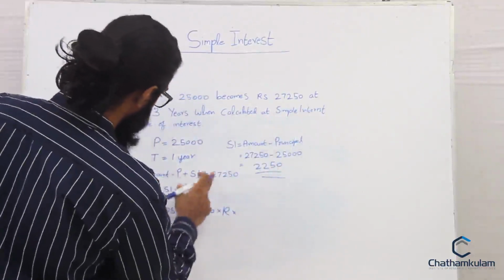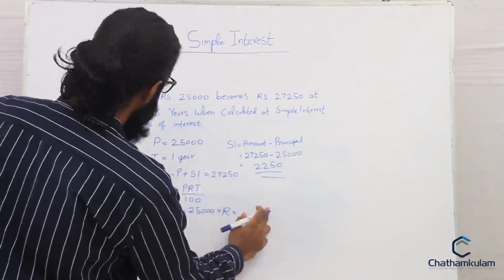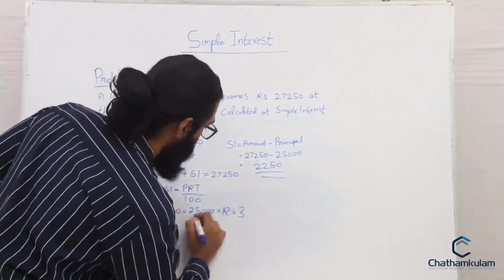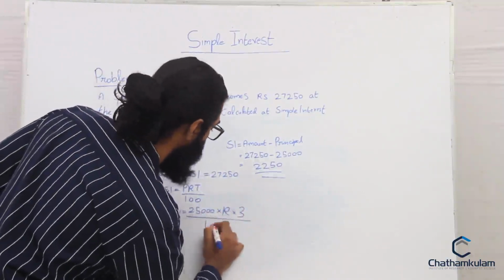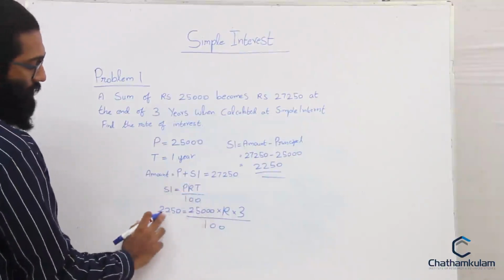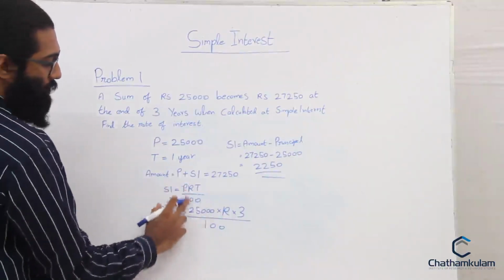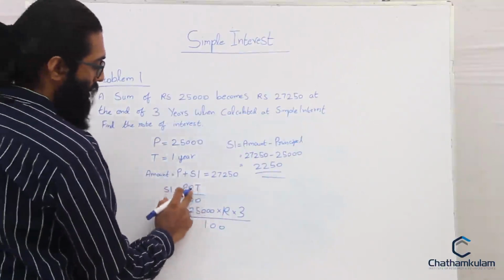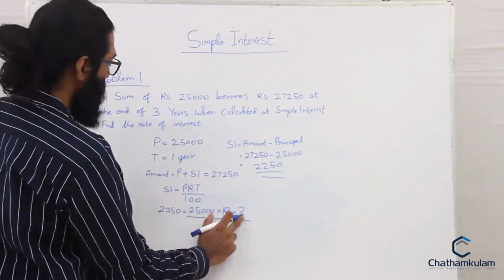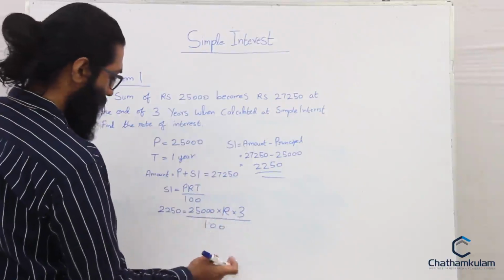Then what is T? T is given as 3 years, so we write 3 by 100. So SI equals PRT by 100. SI is 2,250. Principal amount is 25,000. Rate of interest we write as R. Then T is 3 years divided by 100.